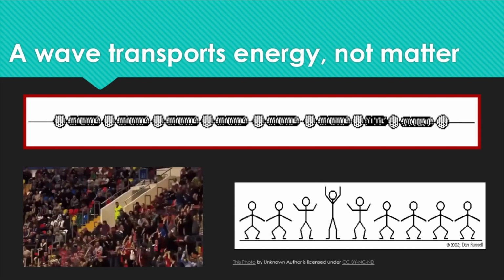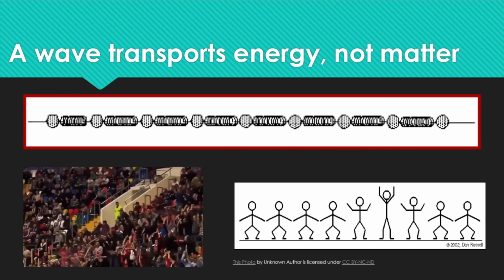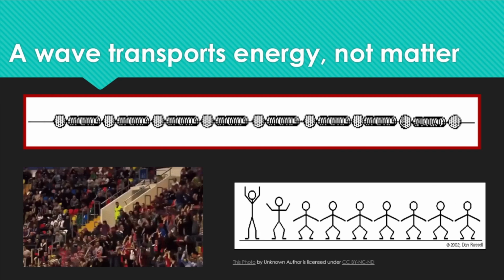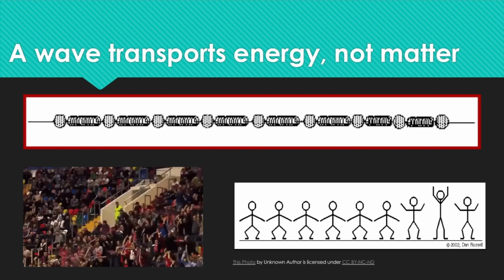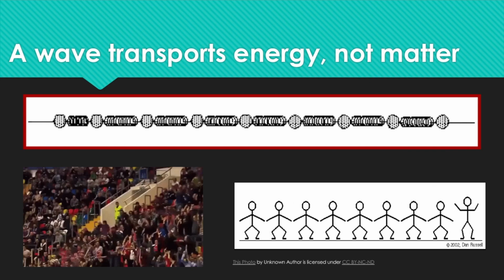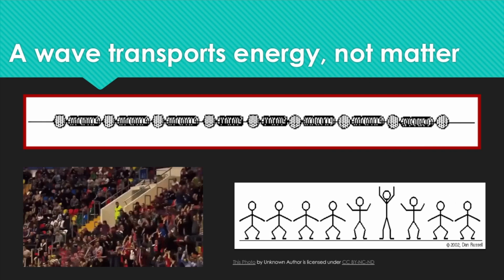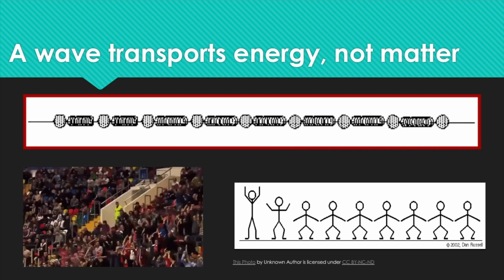A wave transports energy, not matter. So the matter is moving in place over and over again, vibrating in place, and the energy is moving forward in some direction. So in the slinky, the particles are vibrating left, right, left, right, but in place, in the same spot.